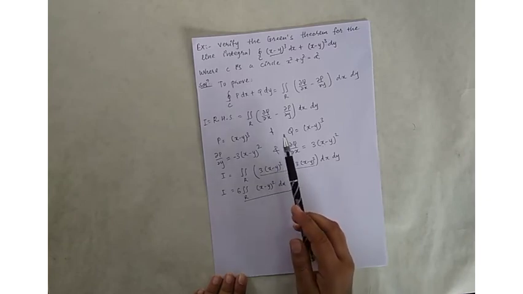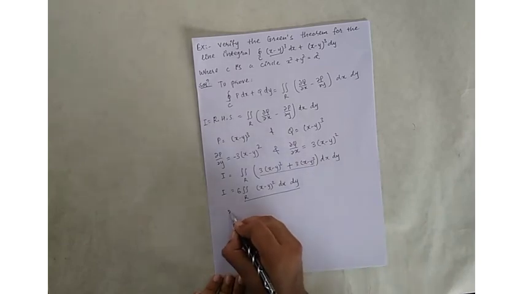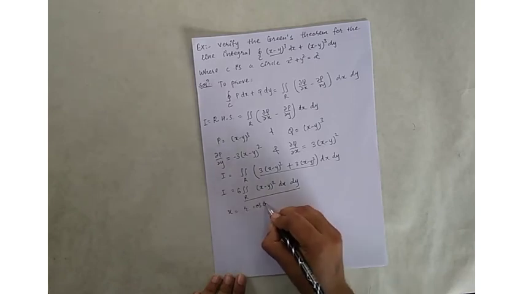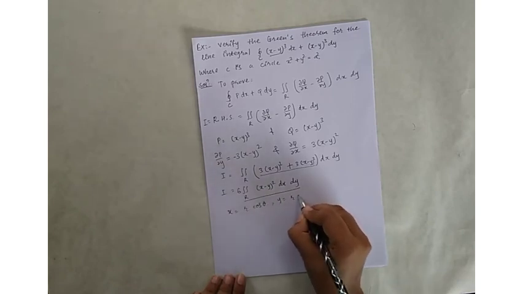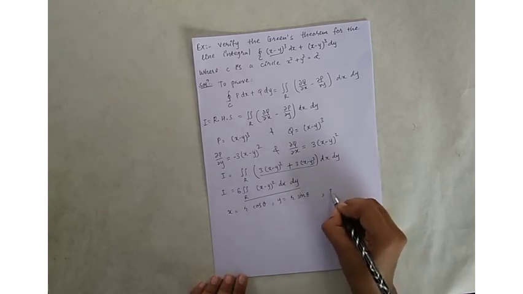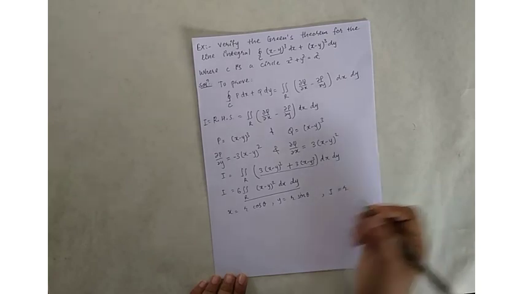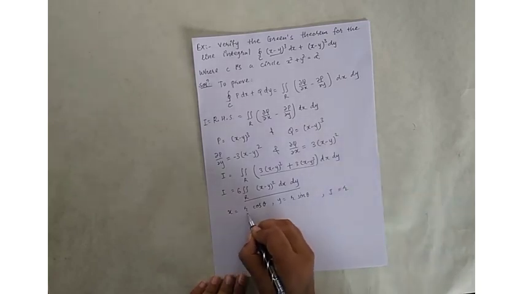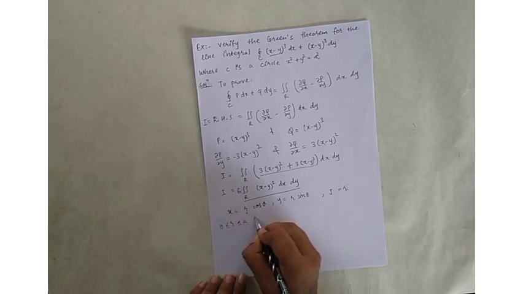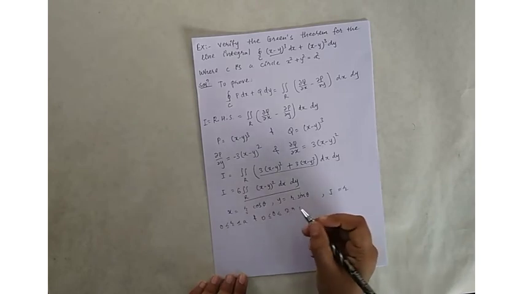So the polar form for the circle is x is equal to r cos theta and y is equal to r sin theta, and the value of the Jacobian is r, and also we know that the range for r is 0 to a, and the range for theta is 0 to 2 pi.